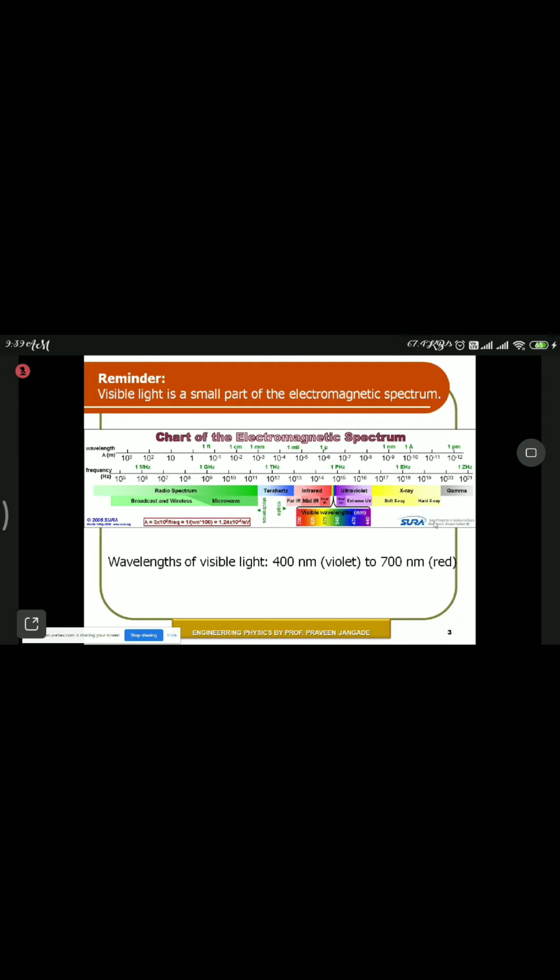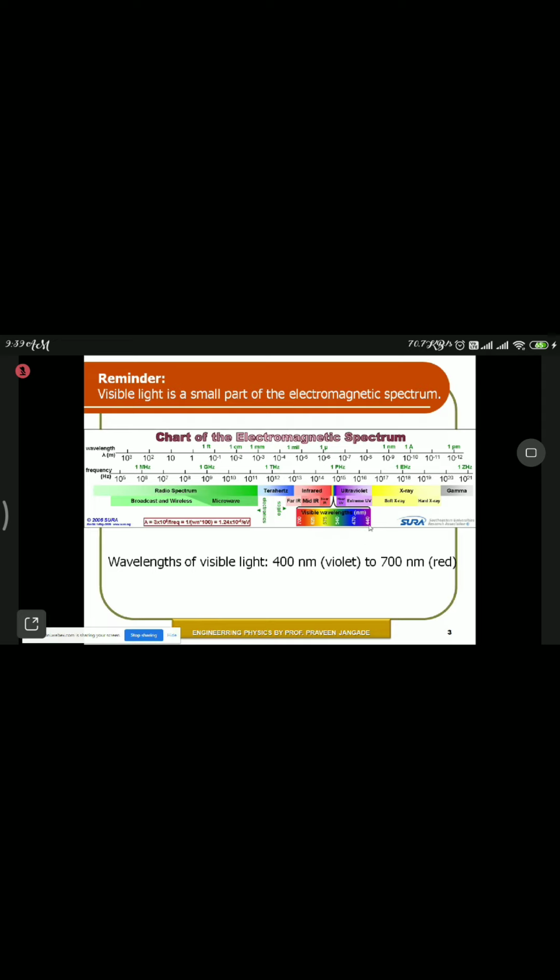The 400 nanometer is the violet color, and 700 is the red color. In between there are the different colors. You can see the diagram here, the picture that we have shown. So that much is the range that we can see with the naked eye.